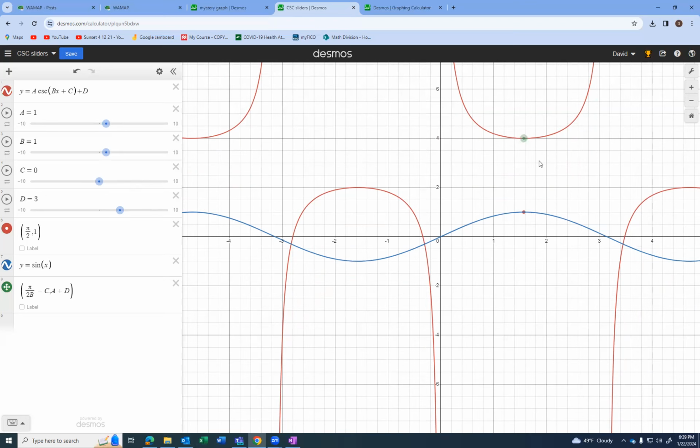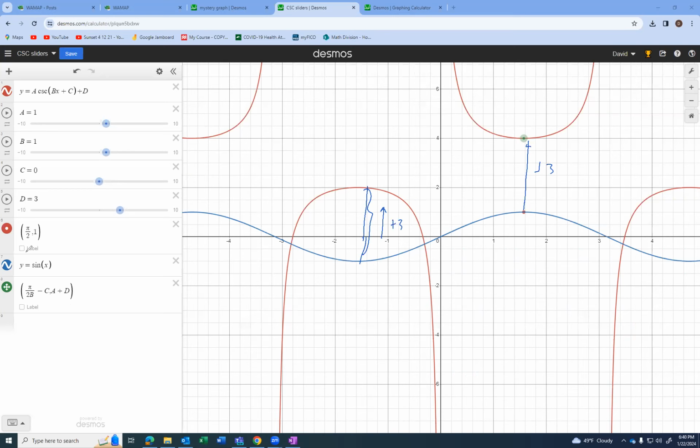I've got an increase of 3 units there. I went from -1. I should maybe point to where I'm looking. If I go over here at this point, I'm going from a value of -1 to a value of +2. So that difference has been shifted up 3. And this point has been shifted up 3 there when my D value is 3.